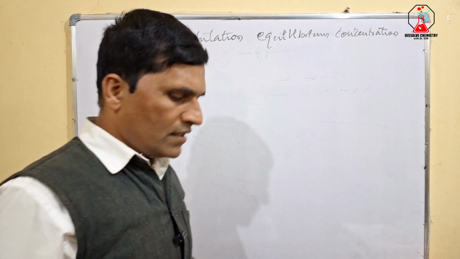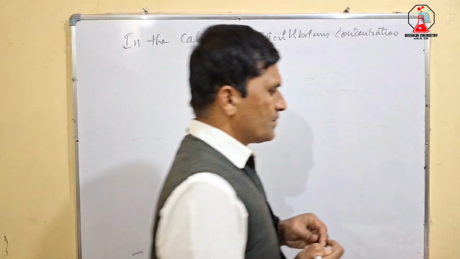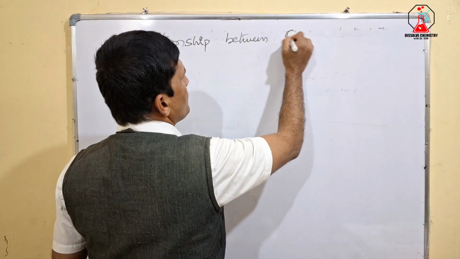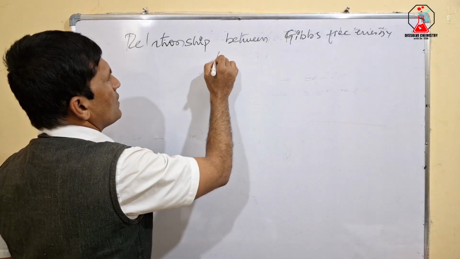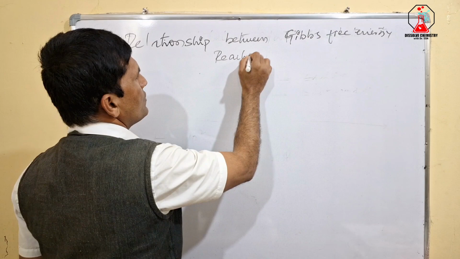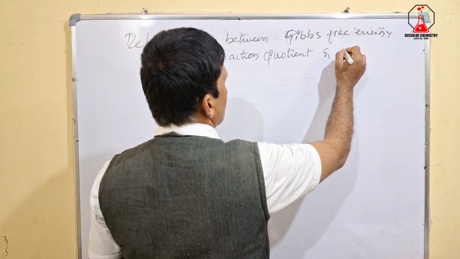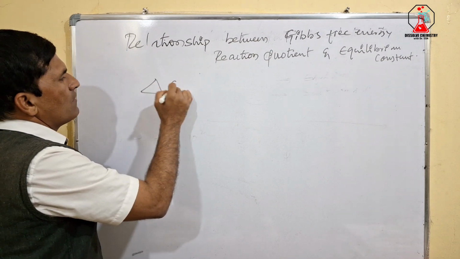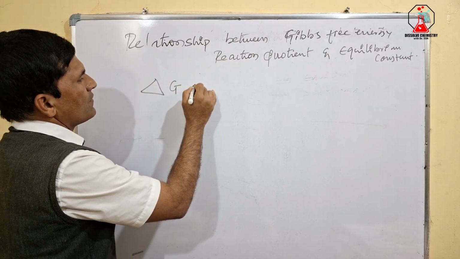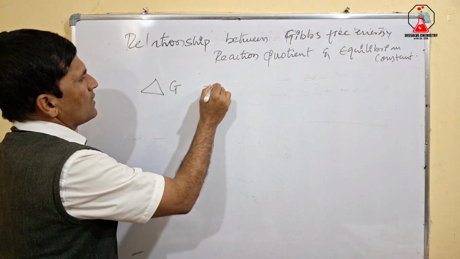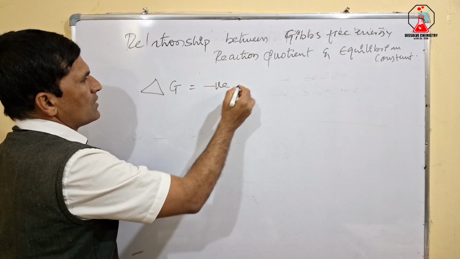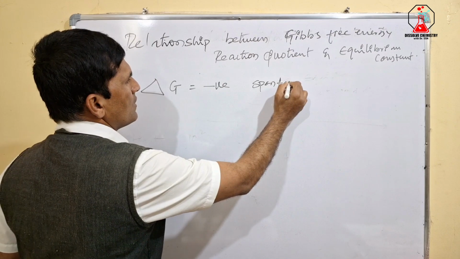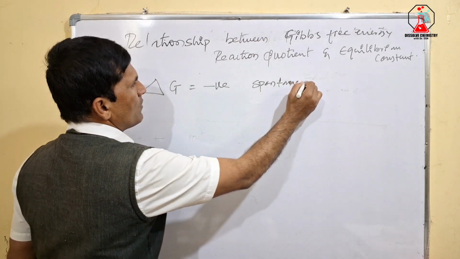Okay, next important aspect is the relationship between Gibbs free energy, reaction coefficient and equilibrium constant. If delta G value is negative, then we said that the process is spontaneous. Just try to remember this one.